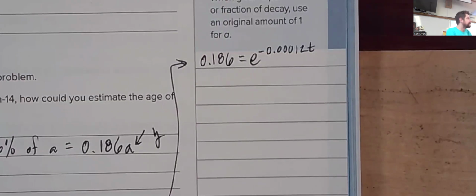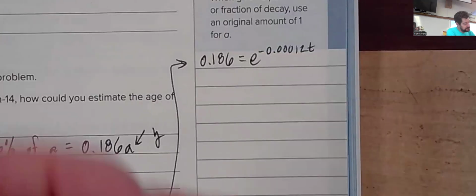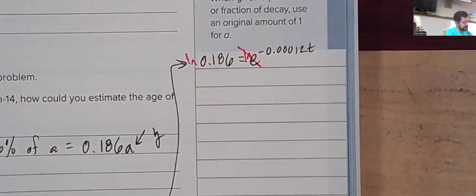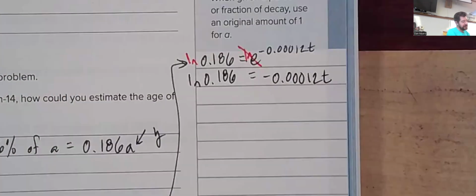Variables in the exponent. So, yeah, ln, because we don't have to use the natural log, but it's definitely the quickest way to solve this. ln e cancels out on the right, so we're going to have ln of 0.186 equals negative 0.00012 t.